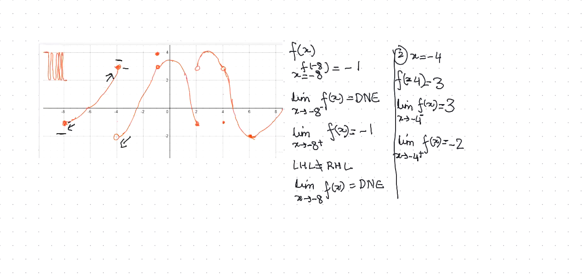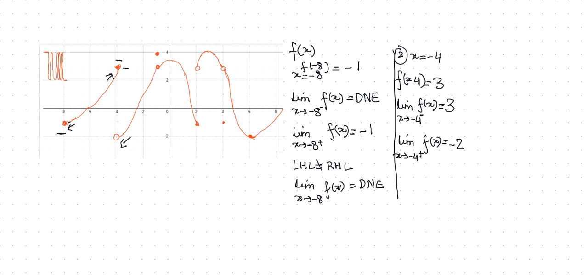So in this we saw that when x is -4, the function is approaching a value of 3 from the left, and approaching a value of -2 from the right.